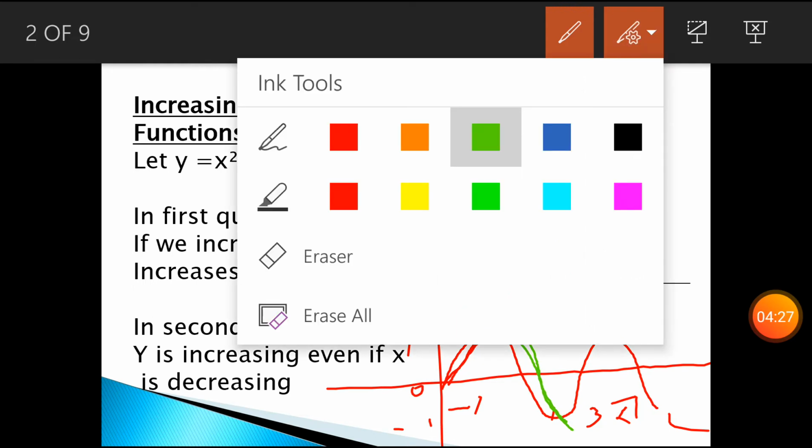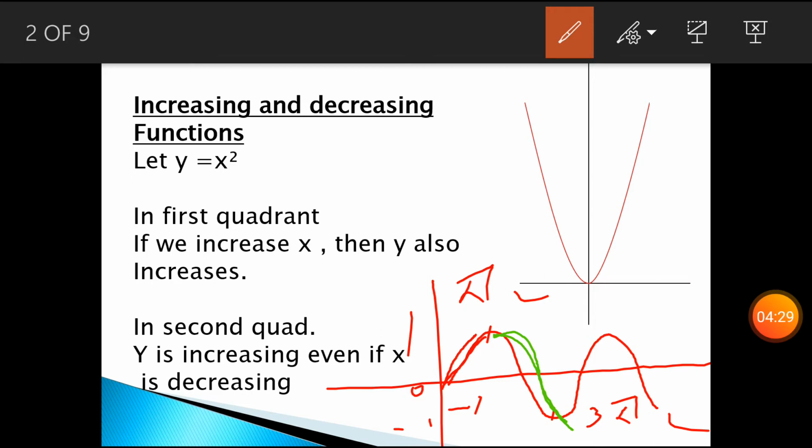And if you talk about the third section from 3 pi by 2 onward, again the graph will increase. So in this particular graph, it is increasing, then decreasing, and then again increasing. So in this case we conclude that this graph is neither increasing nor decreasing. This is the third case.